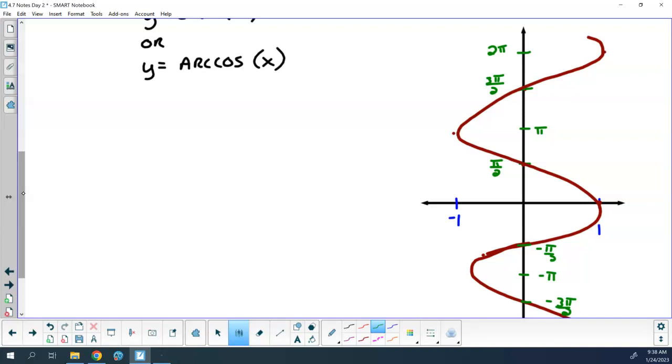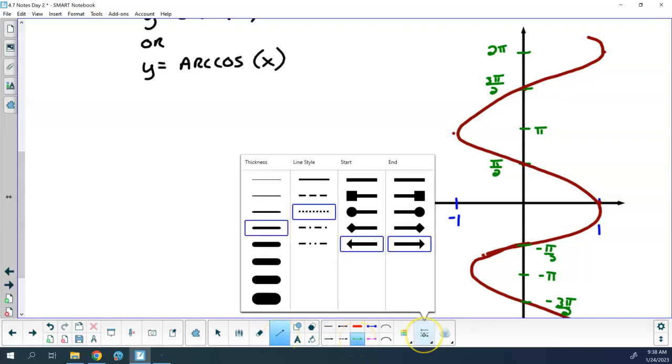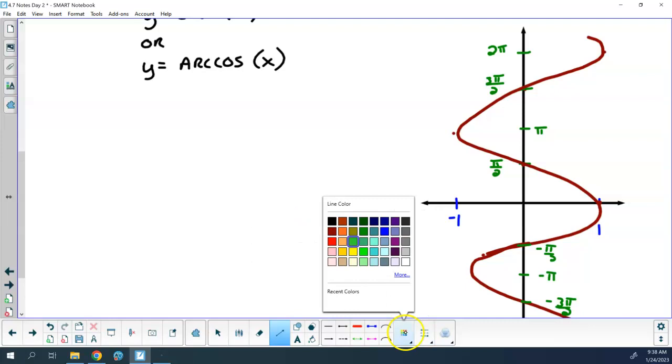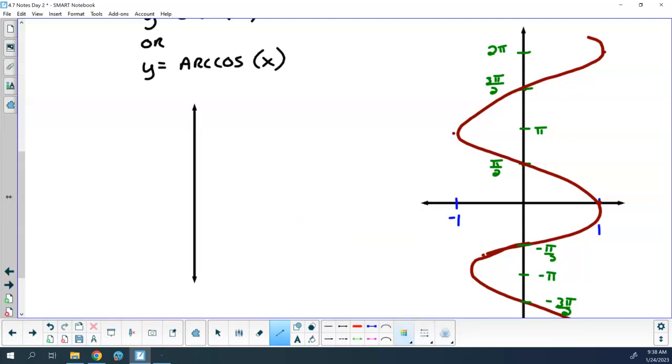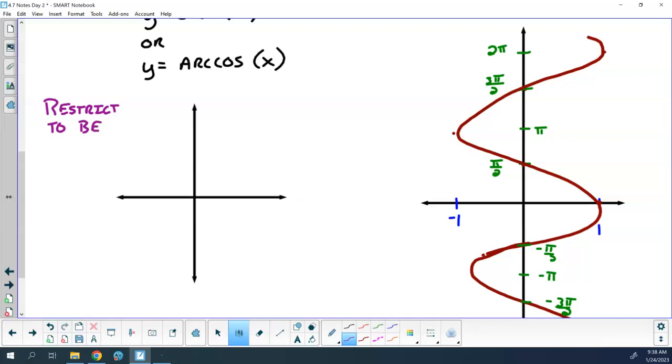So the way that we are going to go about restricting it is, we still need all the values from negative 1 to positive 1.